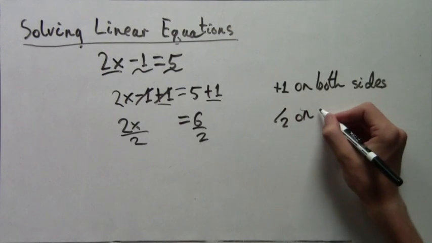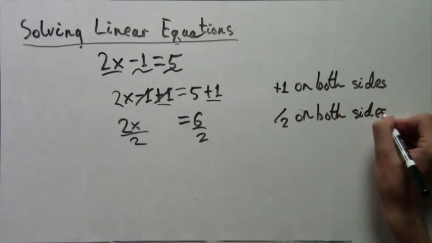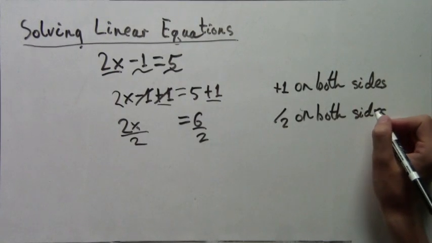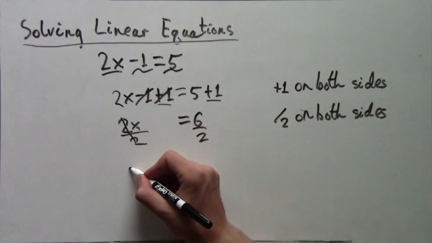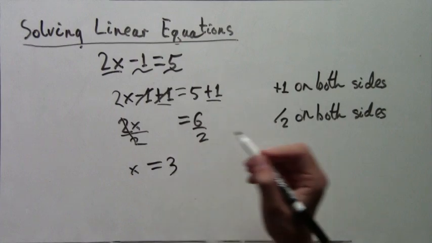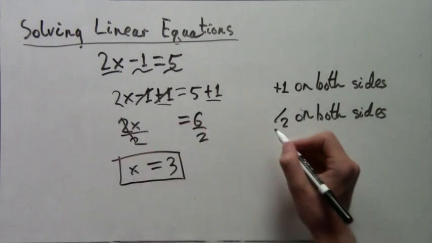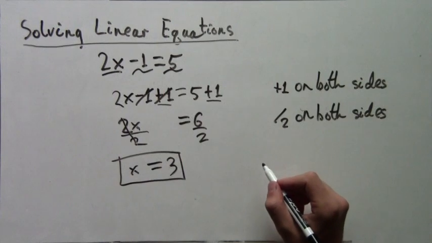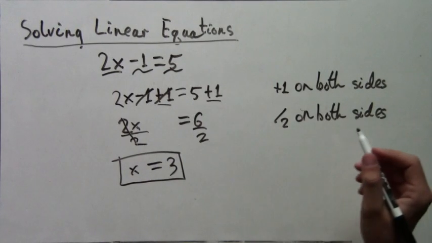And again, we've divided by 2 on both sides of the equation, so it's perfectly okay to do so. So when we divide 2x by 2, of course the 2's cancel out. So then we get x equals 6 over 2 is 3. And that's the answer, x equals 3. We isolate the variable, and then the answer just comes out on its own.